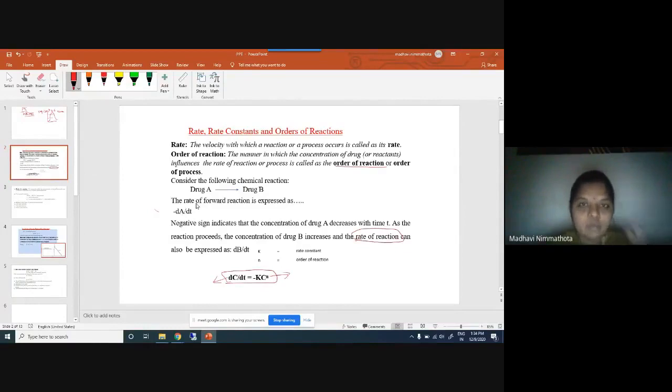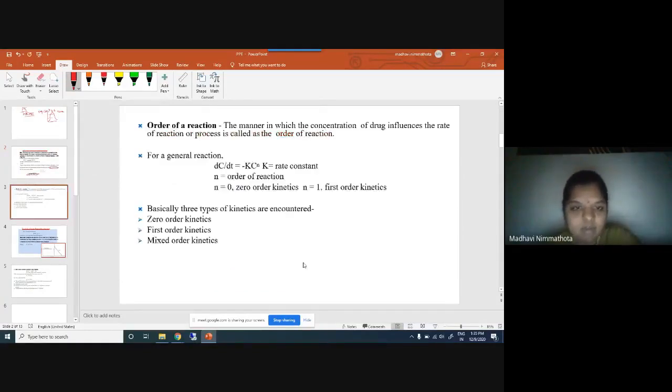Just remember these two terms while reading zero order and first order. dC/dt is the rate of reaction and small n is the order of reaction. You have zero order and first order, and mixed order also.